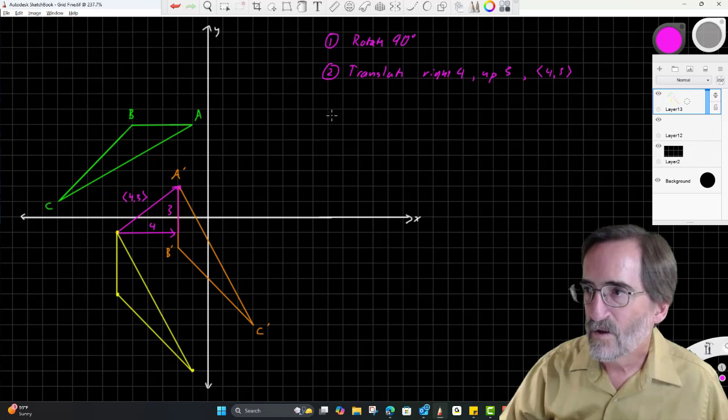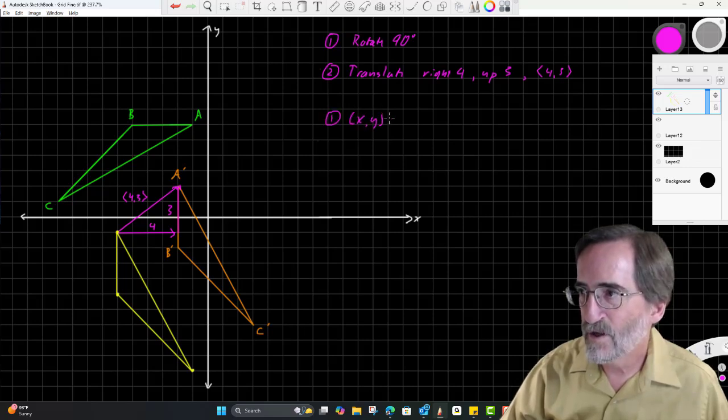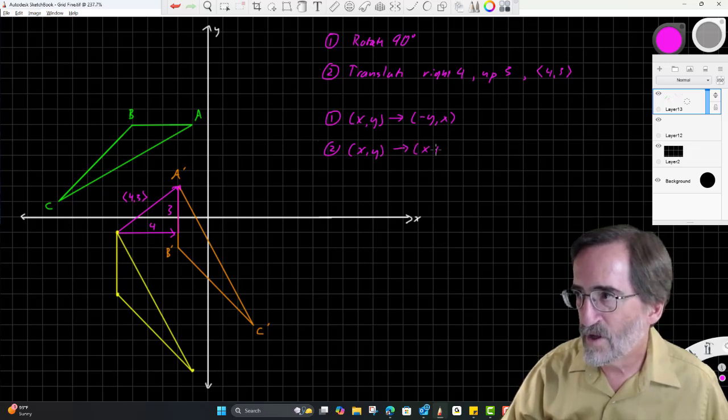Those rules, as you recall from your rules, are: 1, x, y becomes negative y, x, and 2, x, y becomes x plus 4, y plus 3.